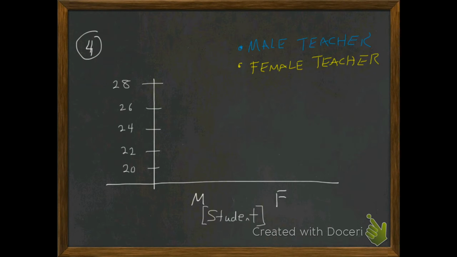Now, if we get into the marginal mean plots here and come to blue, then for the male teacher, we're going from 24 to 20. And for the female teachers, we're going from 28 to 24.